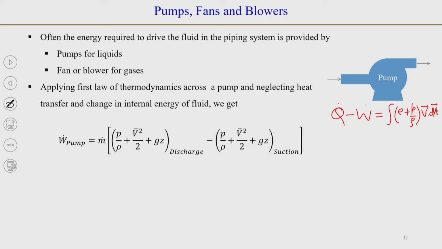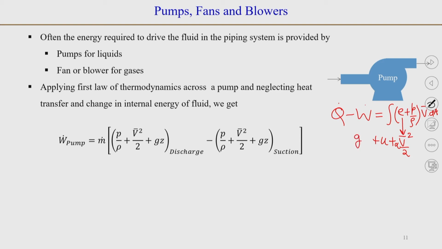So, P by rho was flow work, and then we could write this e in terms of the internal energy plus V squared by 2 along with an alpha, plus the potential energy gz.